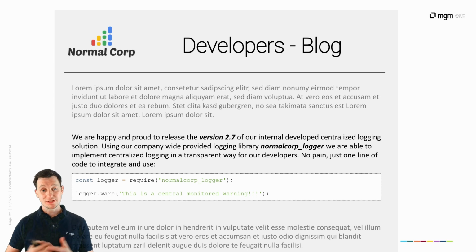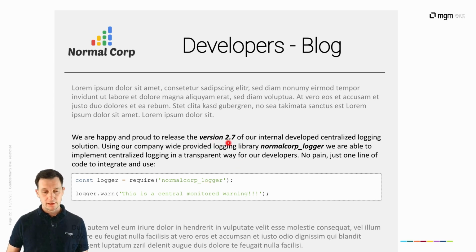We are interested in this because we learn from this that Normal Corp has a library, I have this laser pointer here, that is called normal_corp_logger. So we know, okay, this seems to be the name of this dependency. And we know it is available in version 2.7.